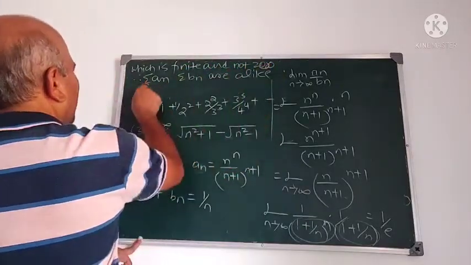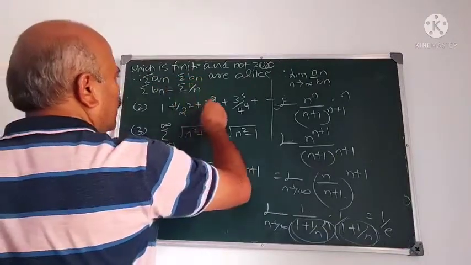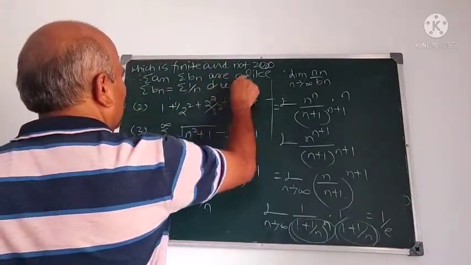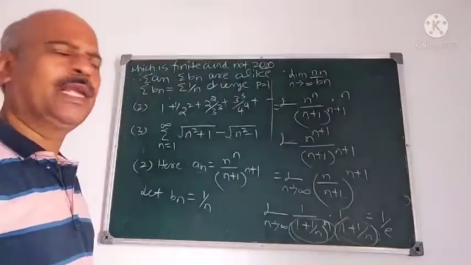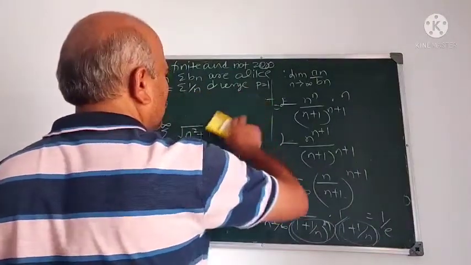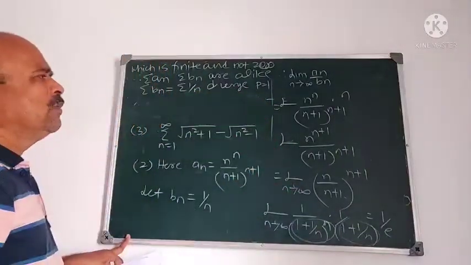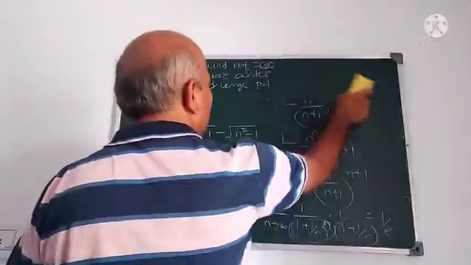But what about sigma bn? Sigma bn is sigma 1 upon n, which diverges. Why does it diverge? Because p is 1. If p is greater than 1, then only it converges. Less than or equal to 1 diverges. So, the given series diverges.